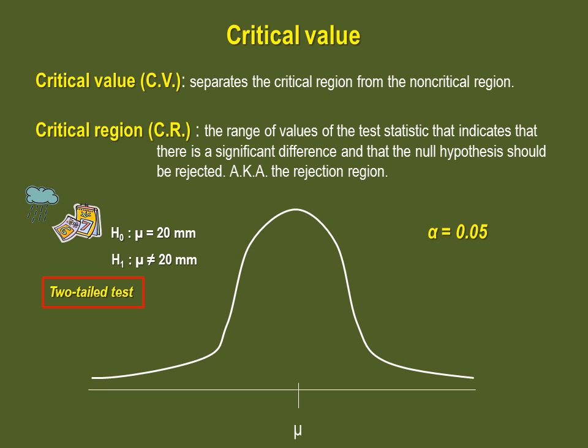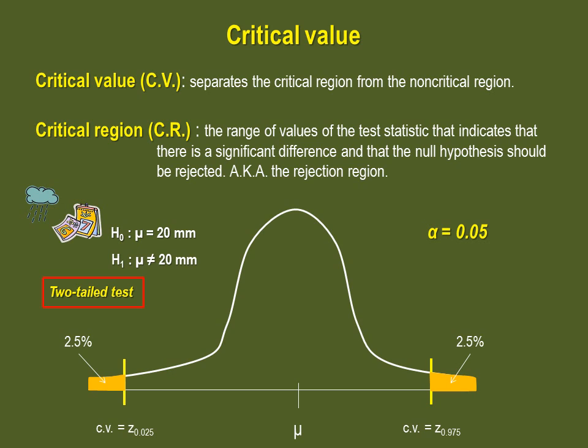Because this is a two-tailed test, the area of 5% will be distributed evenly on both tails of the distribution, like so. Assuming you're working with z-scores, your critical values here are the z-scores associated to an area of 0.025 and an area of 0.975.